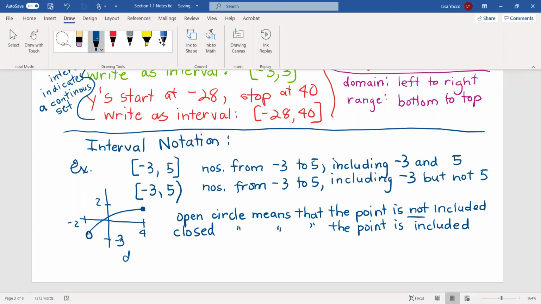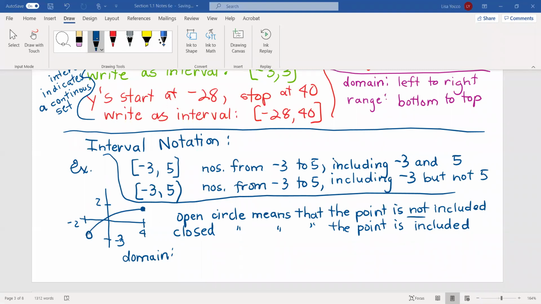So suppose I wanted the domain of this little graph. Now, this is just a separate example from what I did up there. Where do the x's start? At -2. Is the -2 included? No, it isn't, because it's an open circle there, which means the point is not included.